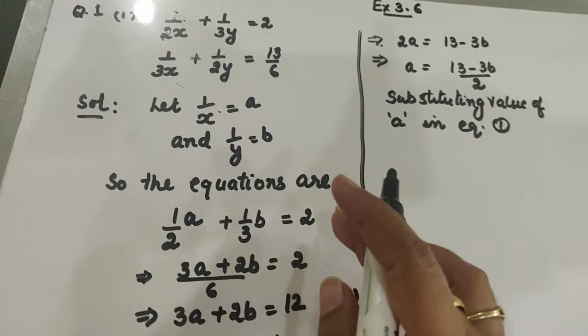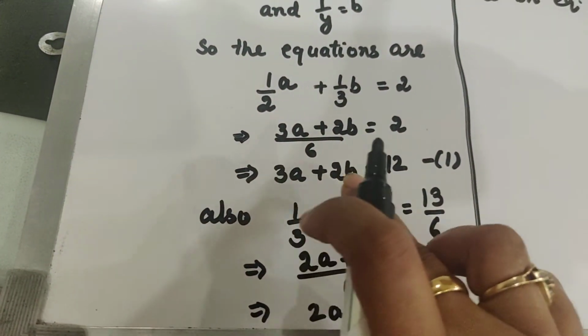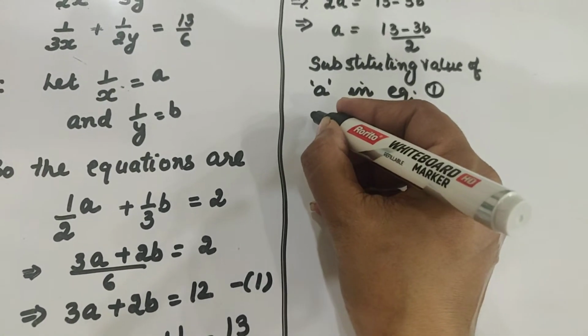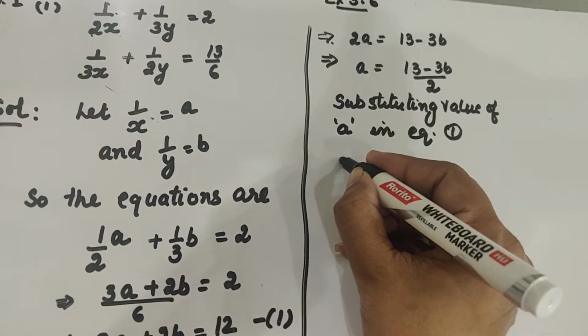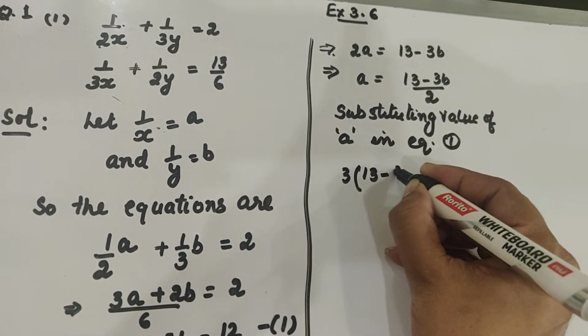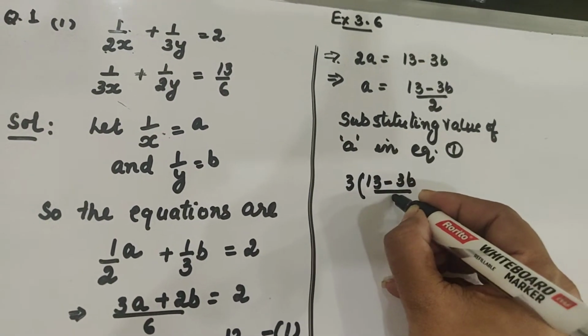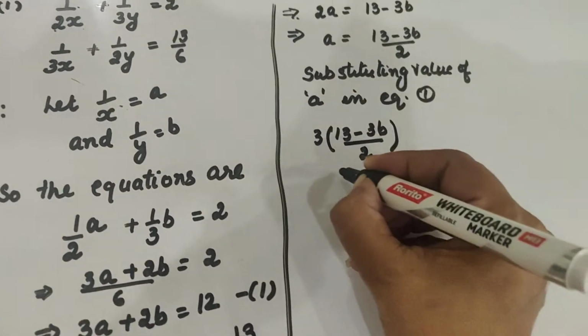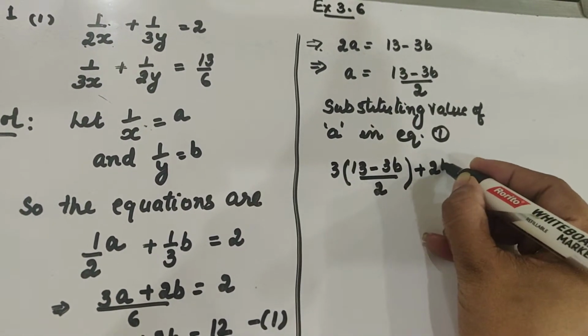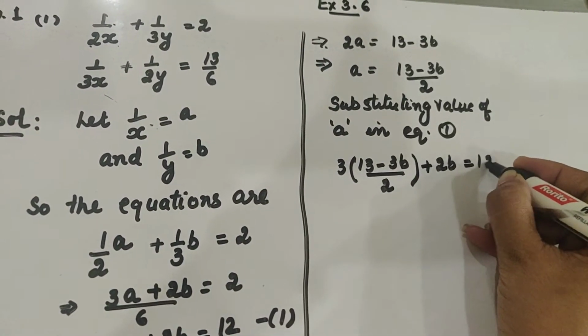Okay, now this was your equation number 1. 3a plus 2b is equal to 12. So it will become 3 into 13 minus 3b upon 2. This is 3a plus 2b is equal to 12.